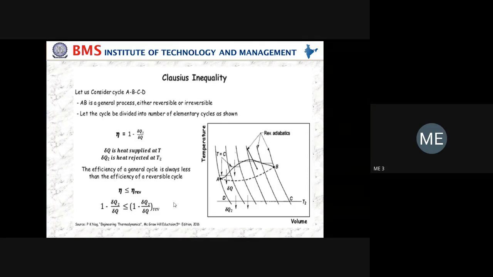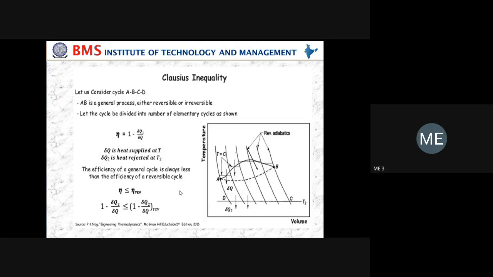And we proved that the efficiency of a general cycle is always less than the efficiency of a reversible cycle. We proved in Carnot theorem that the reversible cycle is the one which gives the maximum efficiency, and the efficiency of a general cycle is obviously less than the efficiency of a reversible cycle.